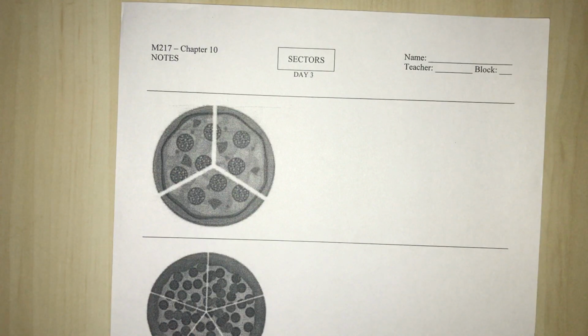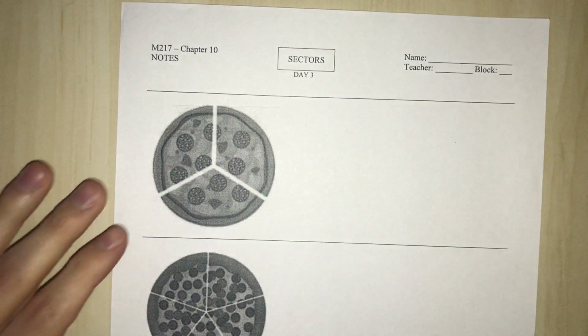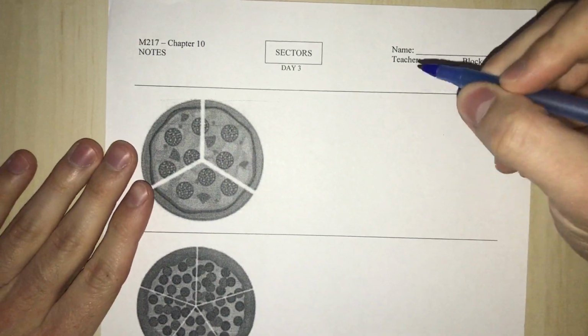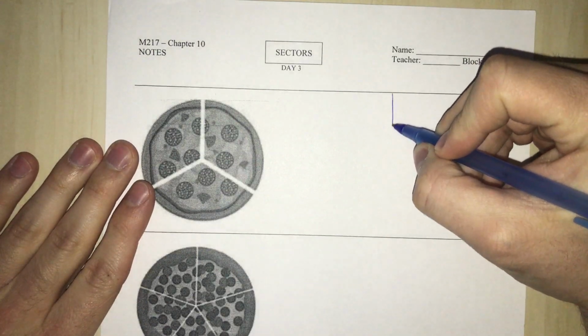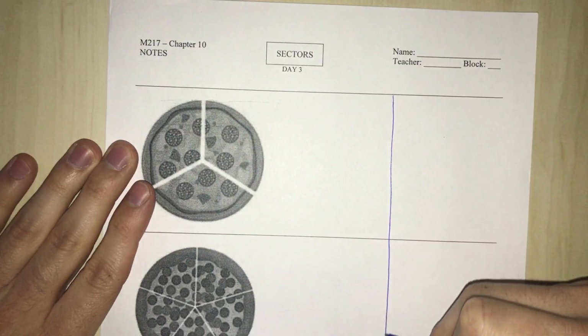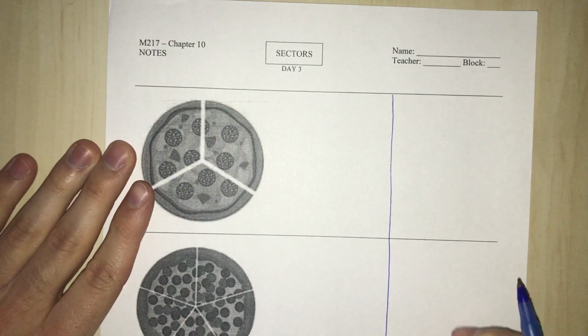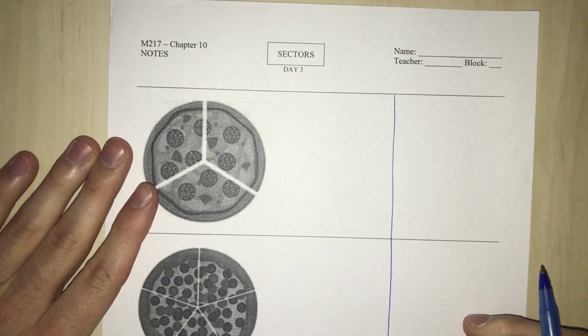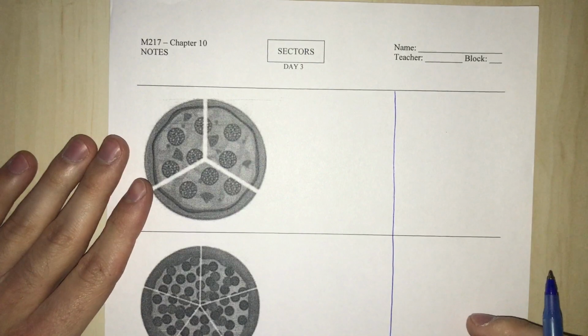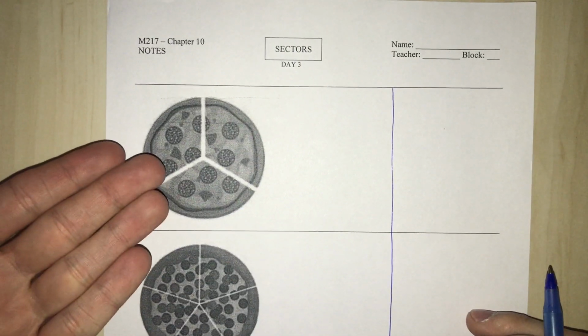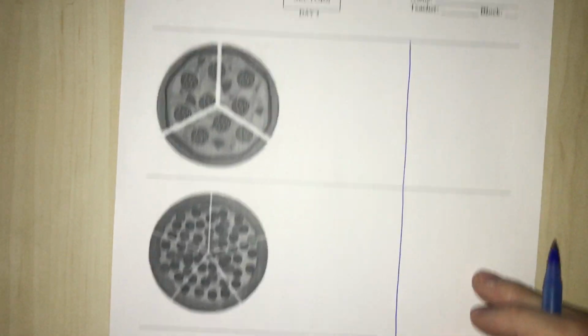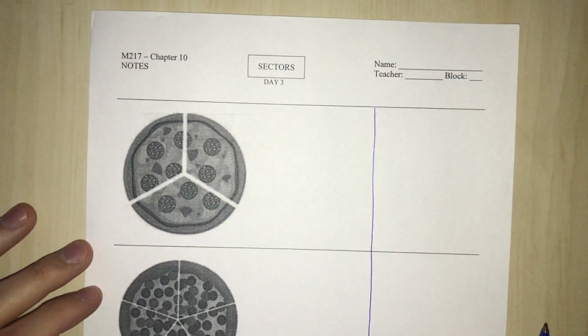So what we're actually going to do today is two different things. I want you guys to take your pen and slice this section in half, because we're doing two things, and they both have to do with pizza. I'm just kidding, circles, okay? But pizza is a great way to think about it.